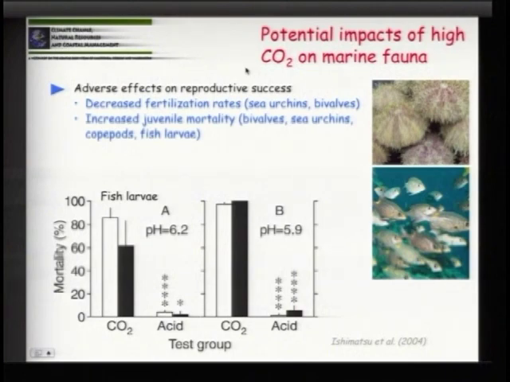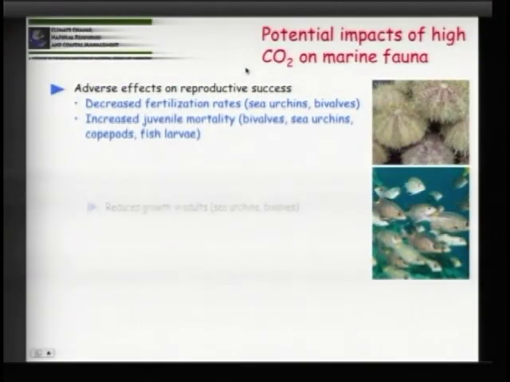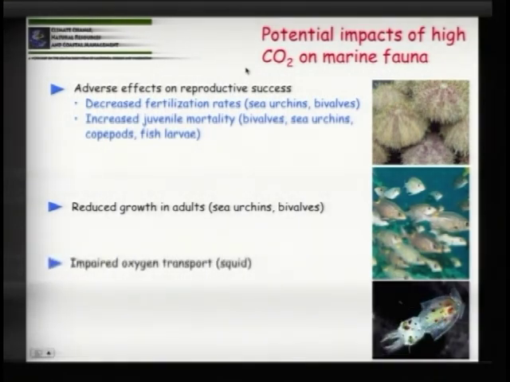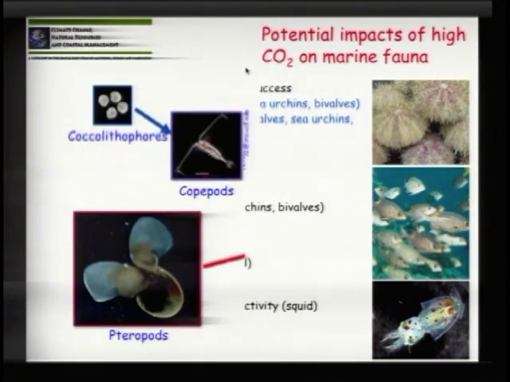So it is the very young larval forms that are more susceptible than the adults in most cases. And finally, there's reduced growth in the adults for many species, and impaired oxygen transport for squid and other organisms. Squid depend on oxygen transport to capture their prey, so this is particularly important to them. And there's reduced metabolism for most organisms.